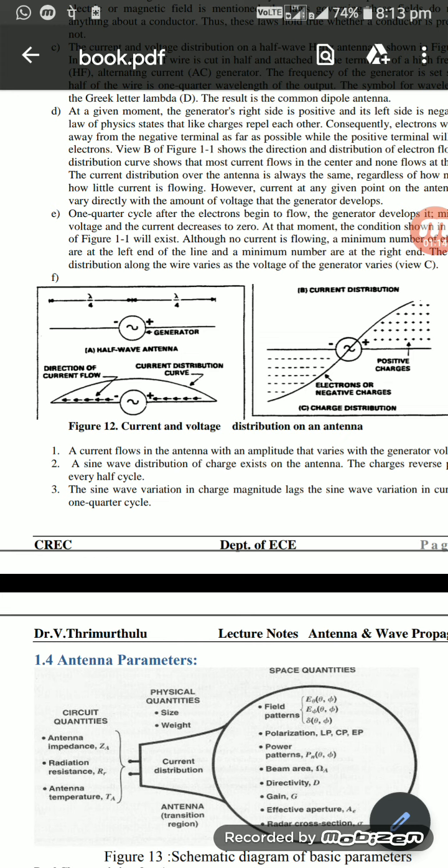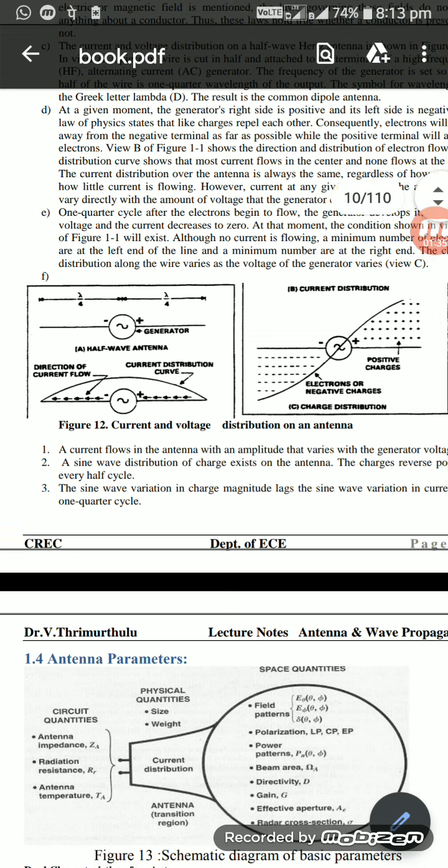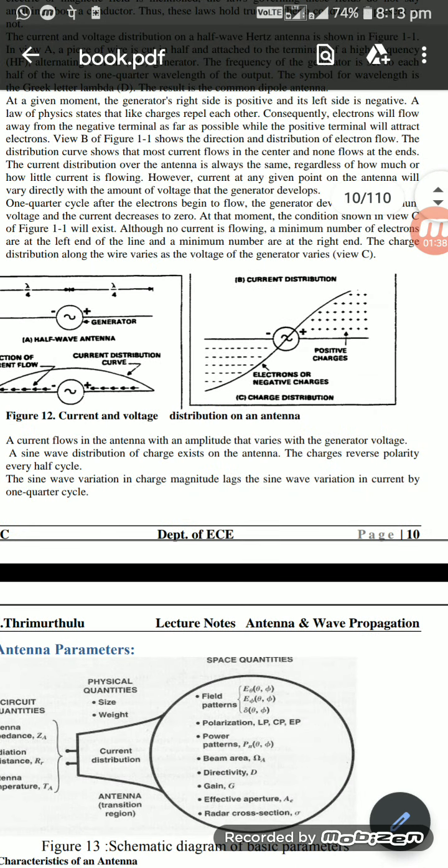Next, the distribution of directions. In any electronic device, electrons pass in only one direction, from positive to negative. The current distribution curve is positive and negative. That is the current and voltage distribution. Next, the current distribution block diagram.